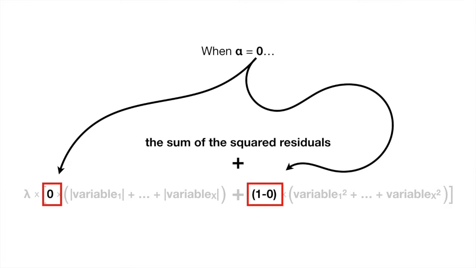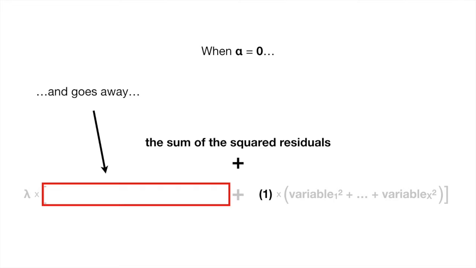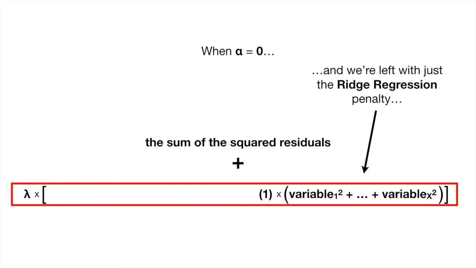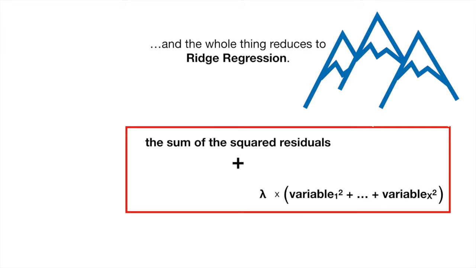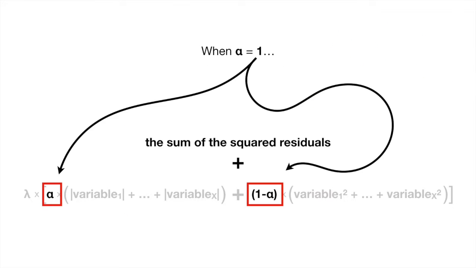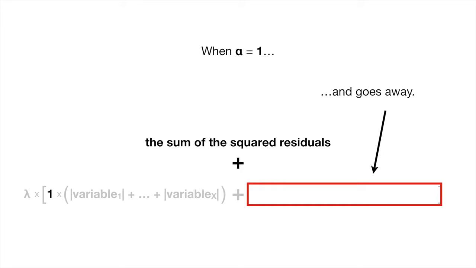When alpha equals 0, then the whole lasso penalty goes to 0 and goes away. And we're left with just the ridge regression penalty. And the whole thing reduces to ridge regression, brr. When alpha equals 1, then the whole ridge penalty goes to 0 and goes away.